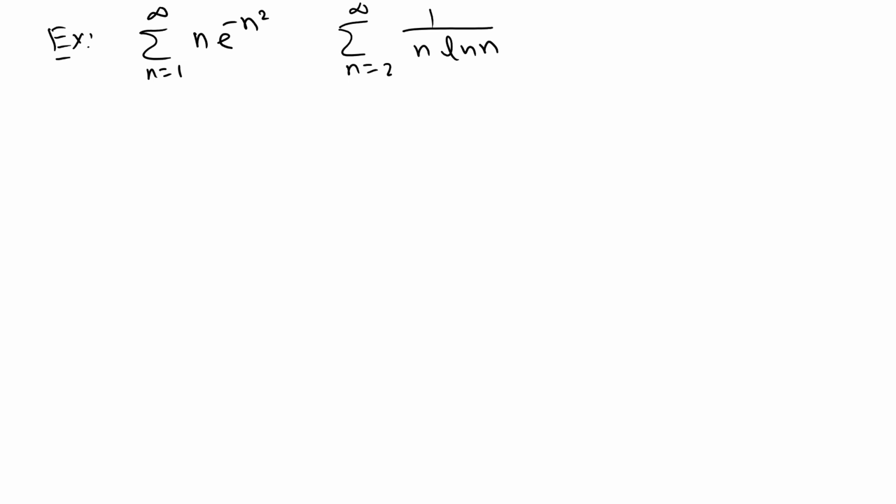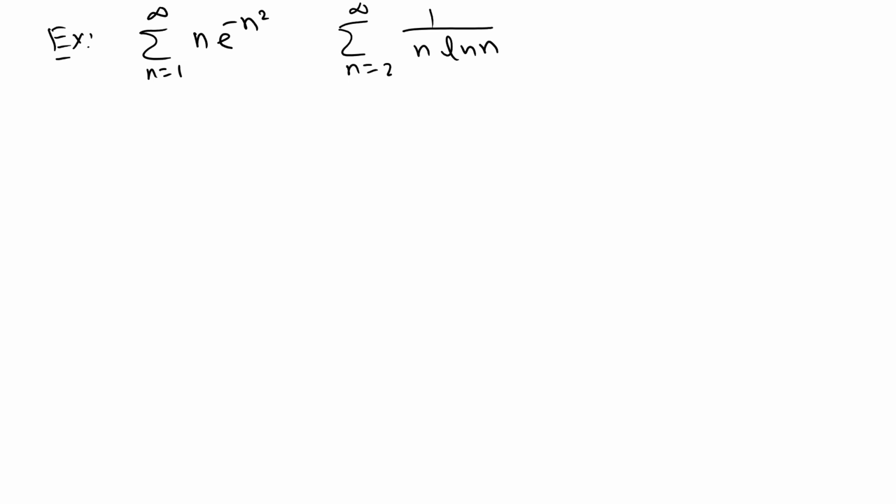You can see these are easy to integrate. The corresponding integral is easy. So the sum from n=1 to infinity of n e^(-n²) is just a u-sub problem. And then the sum from n=2 to infinity of 1/(n ln n). We could not do this problem earlier.